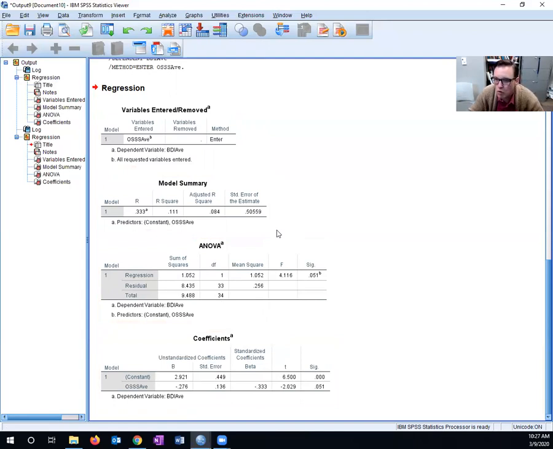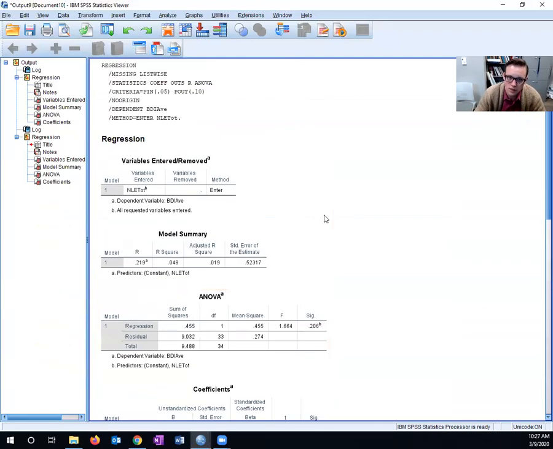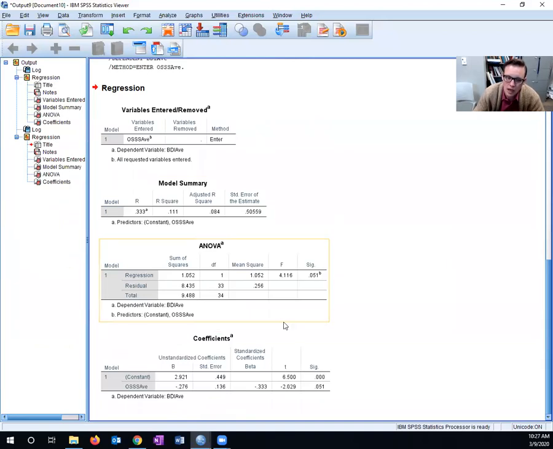Now, if I were reporting these regressions, I would report the R-squared by writing capital R squared equals 0.111.